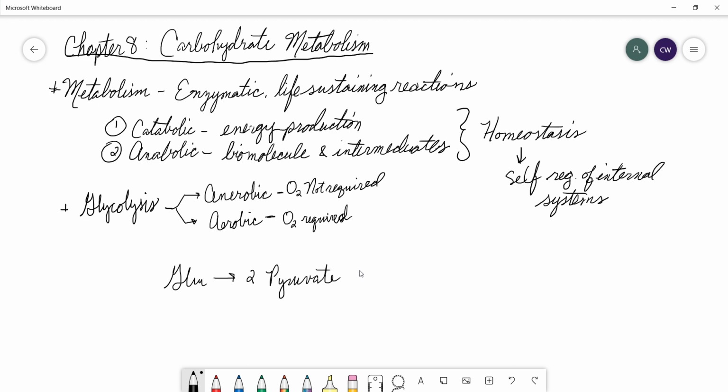I think it would be a useful exercise for you to take a few minutes and calculate the change in free energy for this process to split glucose into 2 pyruvate molecules. Take a few minutes, pause the video, and do that.